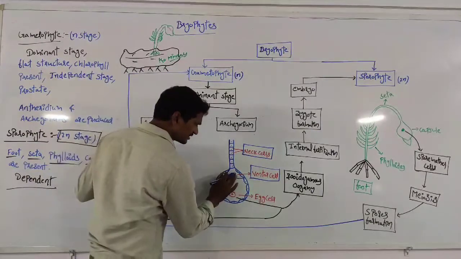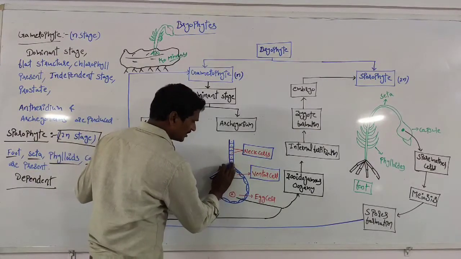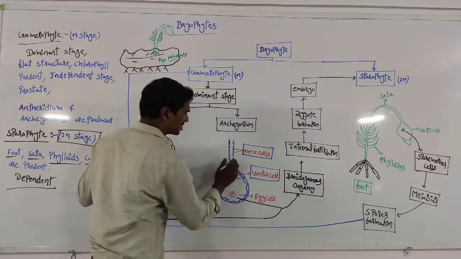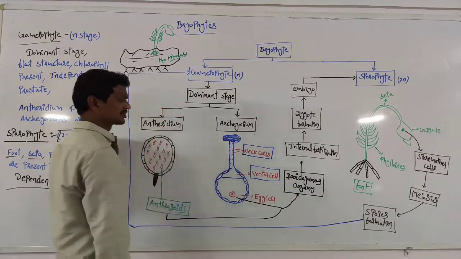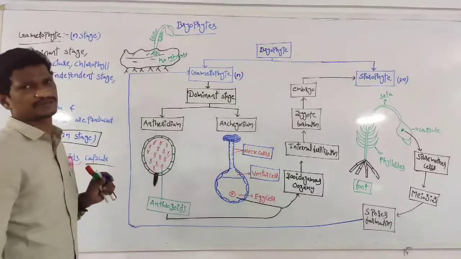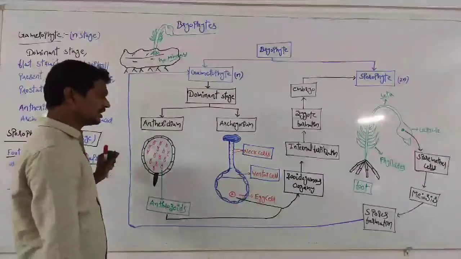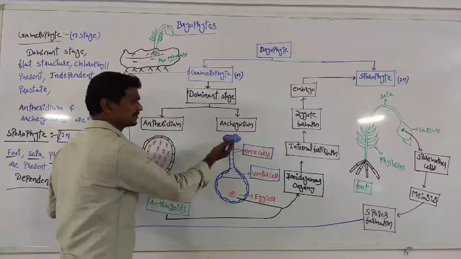So during the sexual reproduction process, the ventral cell and neck cells degenerate, which produces a mucilaginous substance. After the degradation process, that mucilaginous substance spreads within the water.